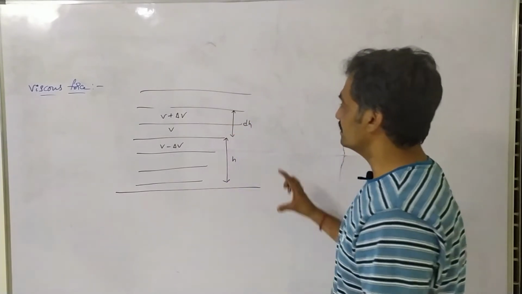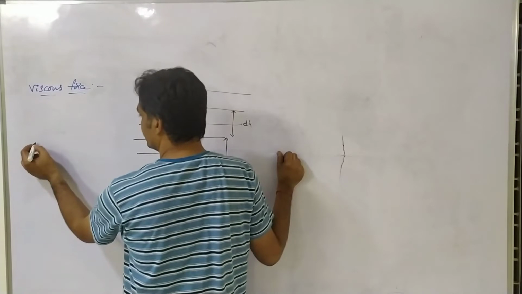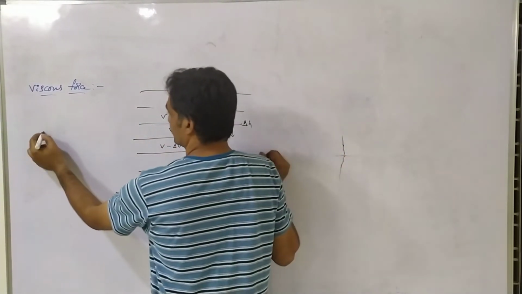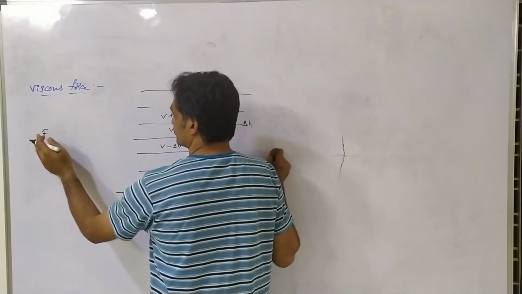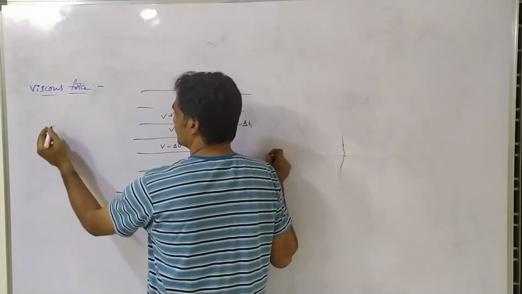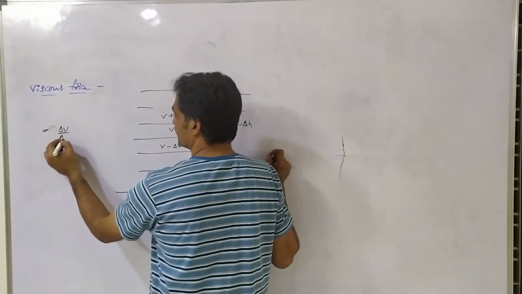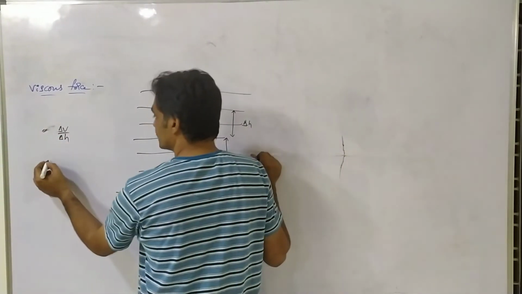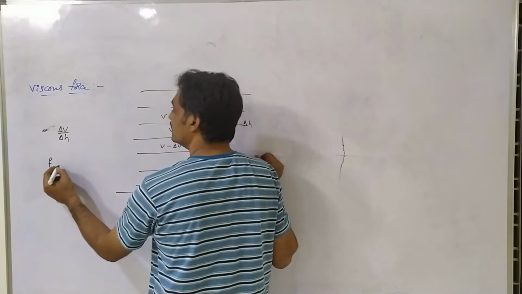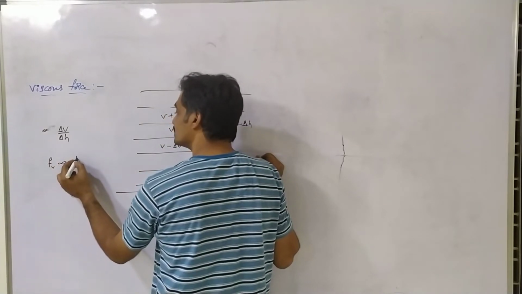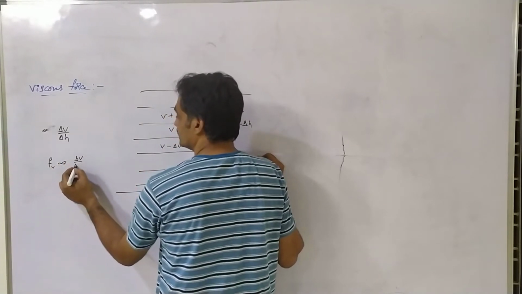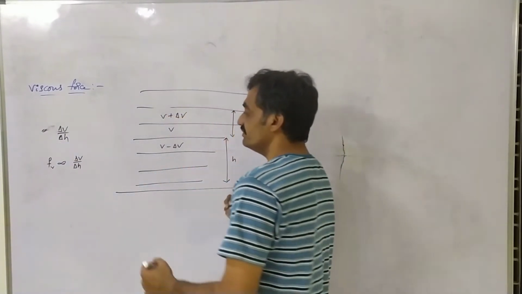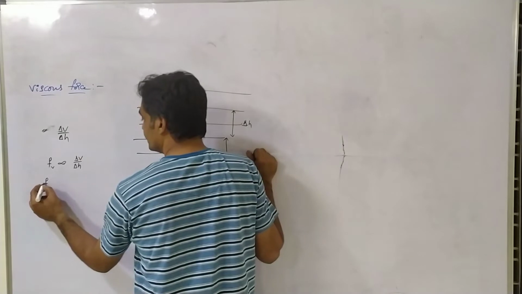As you observe, the velocity gradient is represented as delta V by delta H. Now, the viscous force acting between the layers of the fluid is directly proportional to the velocity gradient. And the viscous force is also directly proportional to the area of the fluid.